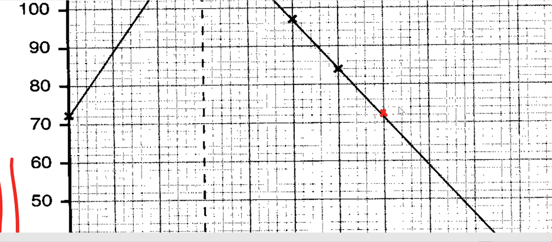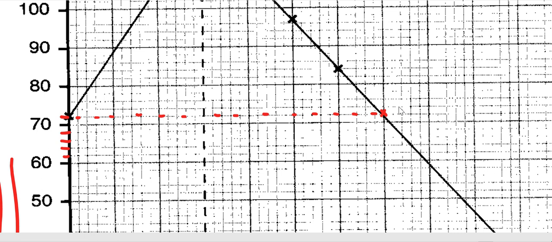So this part here, and we need to know about the heart rate, right? So we're going to follow this line over here, and we can see that after 20 minutes is around 70. There's 1, 2, 3, 4, 5 little squares in between each of the big squares here.